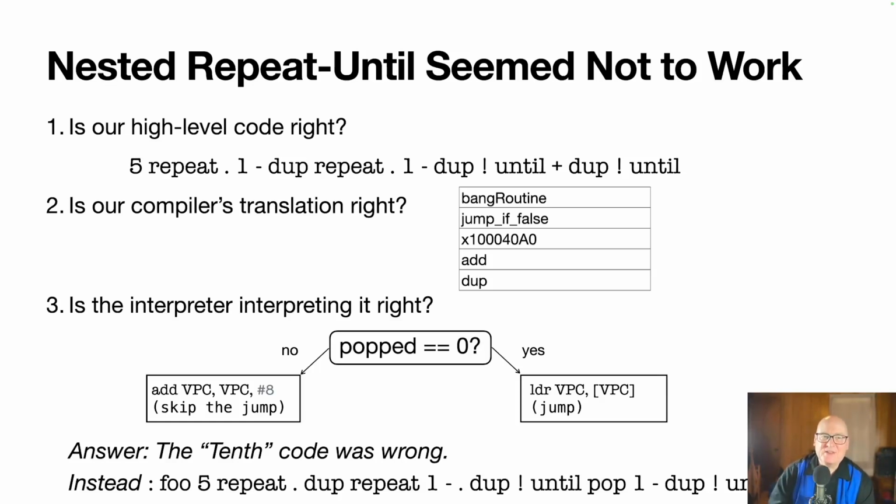What the other one did wrong was it got to a point where, because it was subtracting 1 from the main value, like 5 repeat dot 1 minus there, it would get to 0, which was fine for terminating the outer loop, except the inner loop then started with 0, subtracted 1, and started repeating until it hit 0, which it wouldn't do for a long time until the numbers wrapped around or something.